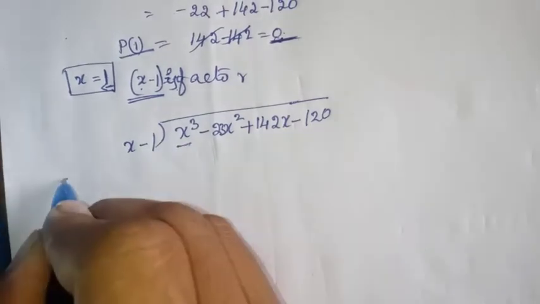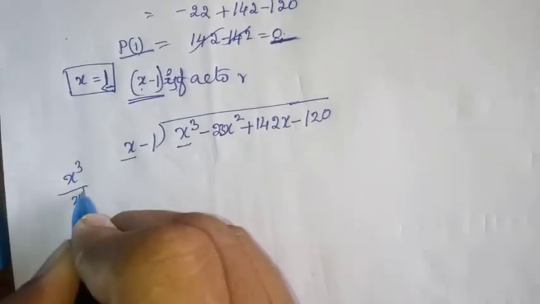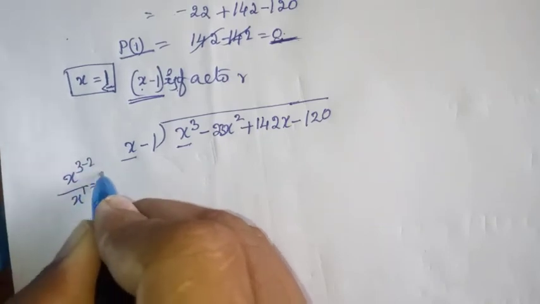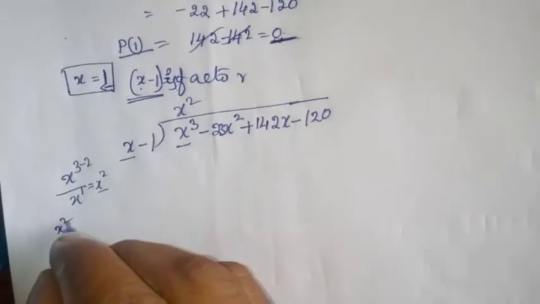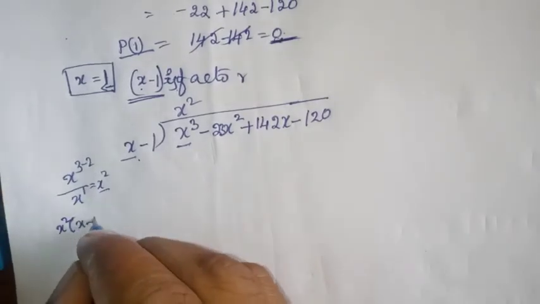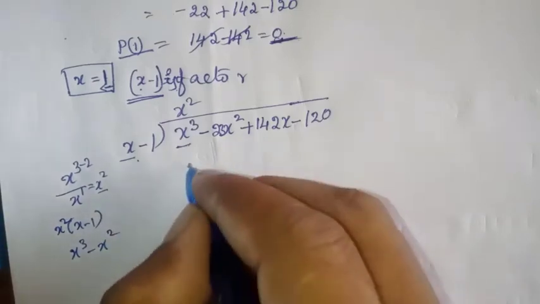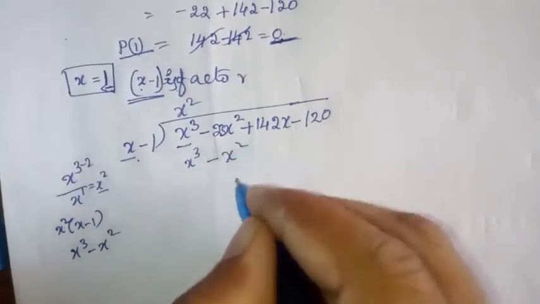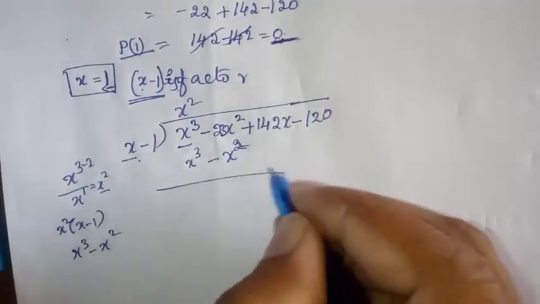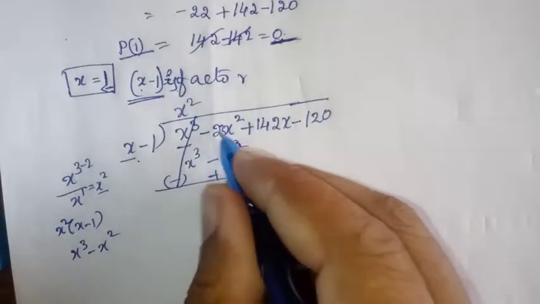First term x cube divided by the first term of the divisor, that's x square. Now multiply x square and the divisor x minus 1, that's x cube minus x square. Change the sign, they get cancelled.